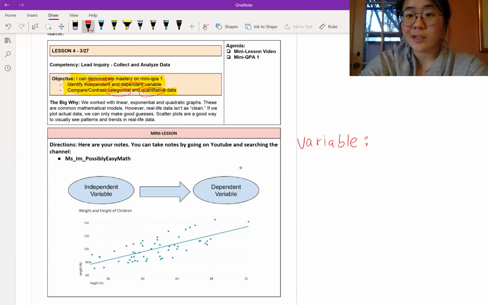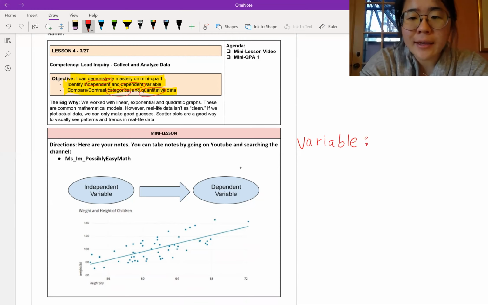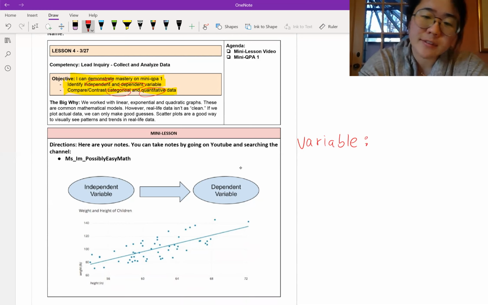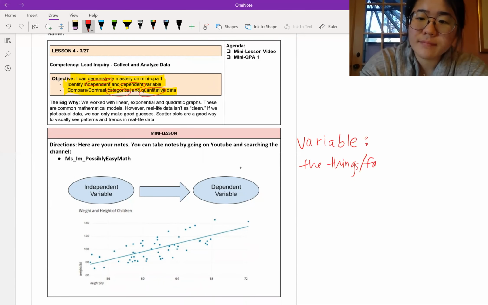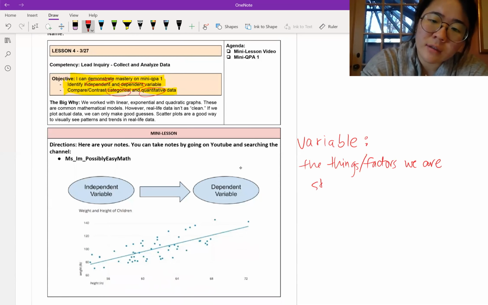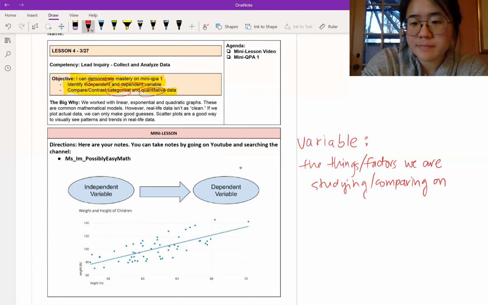In this case, you want to think about a variable as the things or factors we are studying or comparing on our scatter plots.